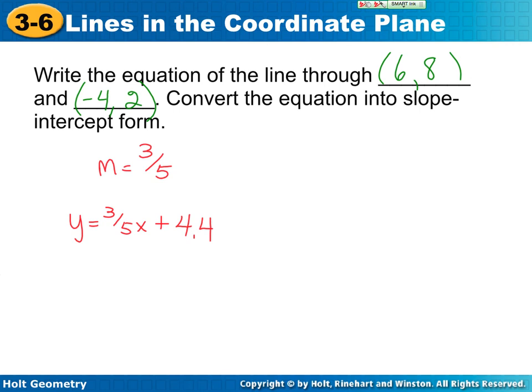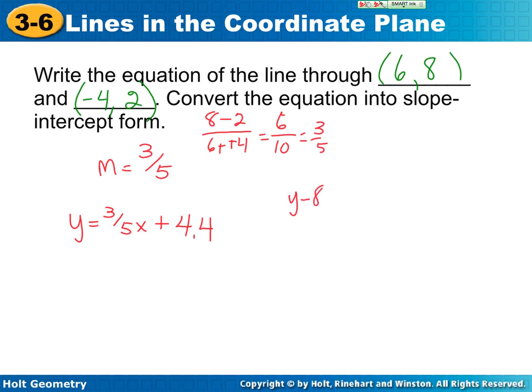Yes. Okay, if you didn't do the slope right, 8 minus 2 and 6 minus -4. That was 6 over 10, 3/5. All right, then whatever point you want to use, doesn't really matter.